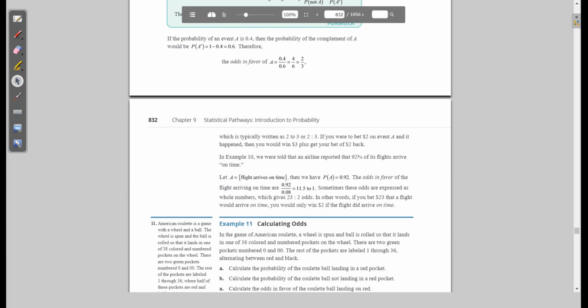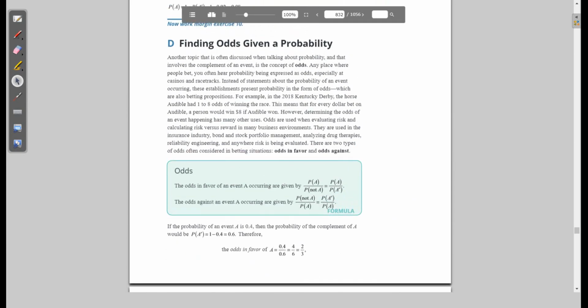Let's do this instead. I don't like the way I snipped this. I'm going to snip it down to here.